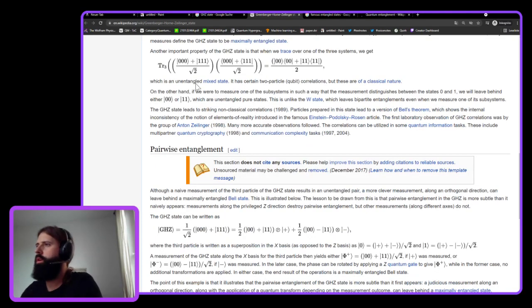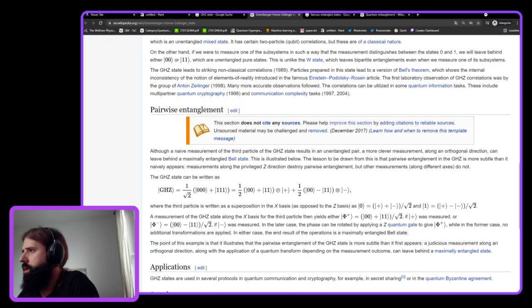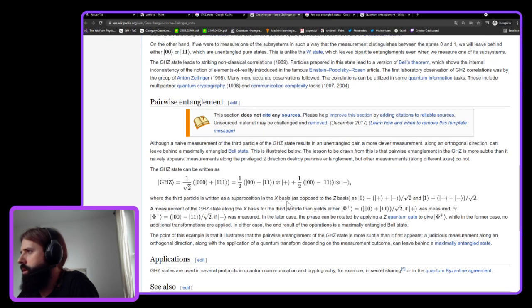These are interesting. Can be written as 0, 1, 1 tensor product plus 0, minus 1, 1 tensor product minus.